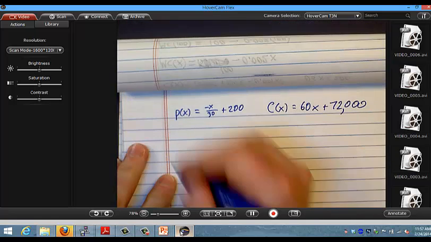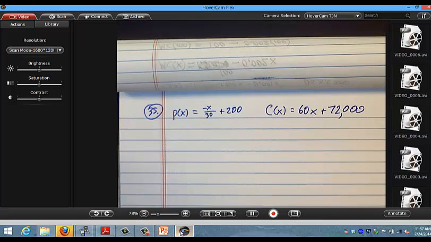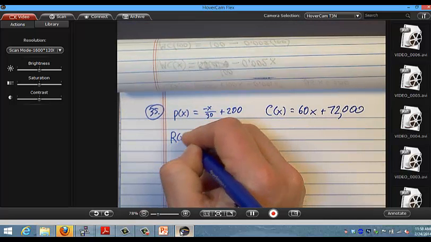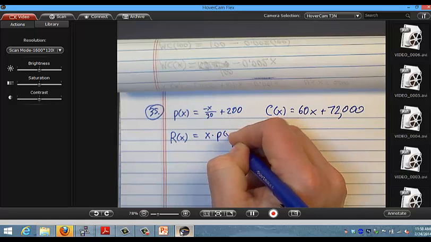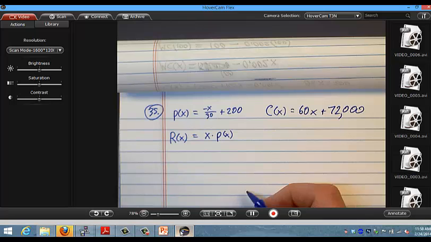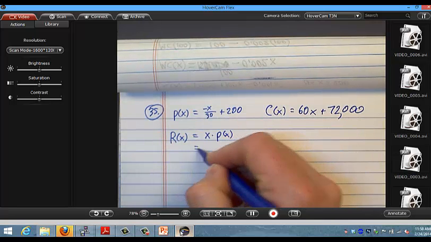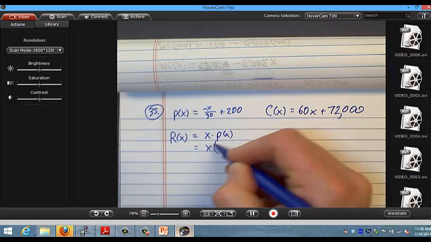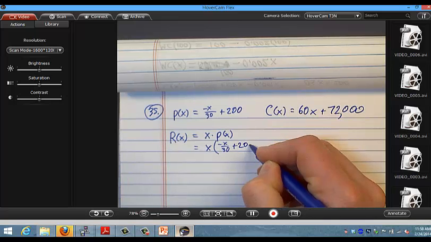Okay, again, this is problem 35. My revenue function is, we said, X times P of X. So it looks to me like my revenue function is X times, well, negative X over 30 plus 200.